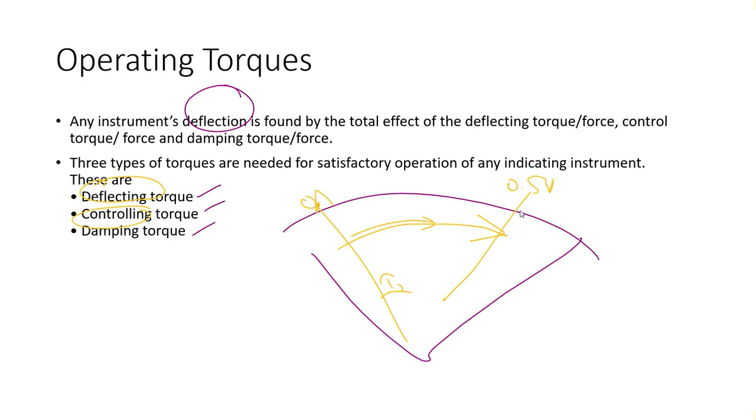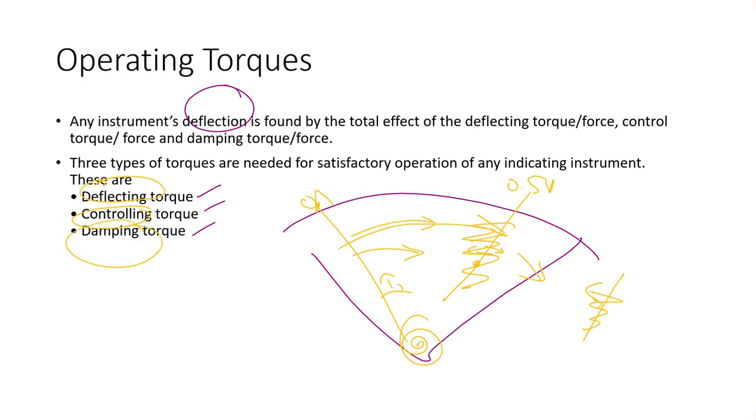I want it to stop here, so this will need a controlling torque, because without controlling torque it will not stop here, it will just go here and touch it. So we will need some spring that will control this, and we will need some magnetism that will make this go from here to here. And when it reaches here, it will be vibrating because the current makes this needle vibrate. So we would need some fluid inside here so that this to and fro motion is controlled. That torque is known as the damping torque.